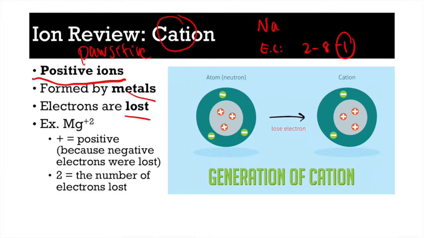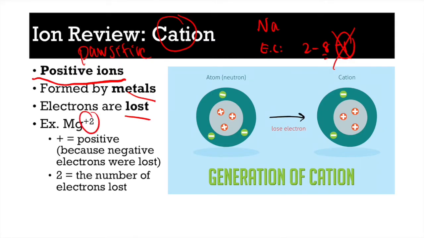But for sodium and any metal, it's easier to lose that last shell, to lose 1, 2, or 3 valence electrons, than it is to gain 5, 6, or 7 of them. With that shell gone, its second to last shell, which is now its last shell, is full and stable. So again, metals form cations, positive ions, because electrons are lost.